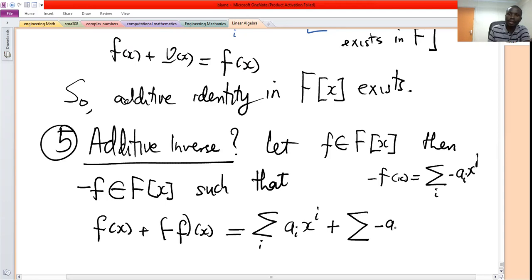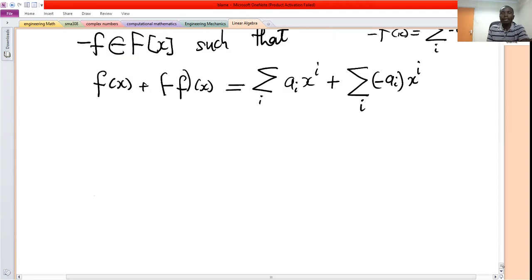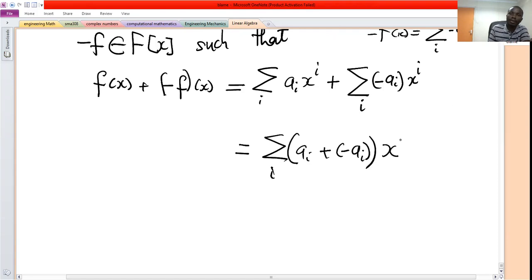So I'll have the summation of (a_i plus minus a_i), multiplied by x^i, and this will give me 0 x^i.